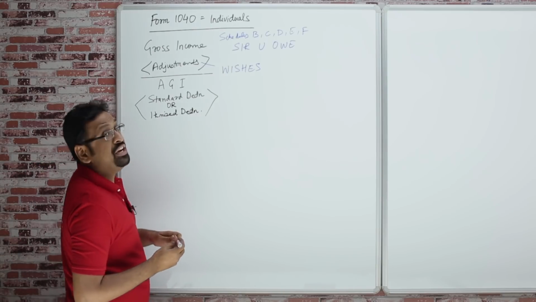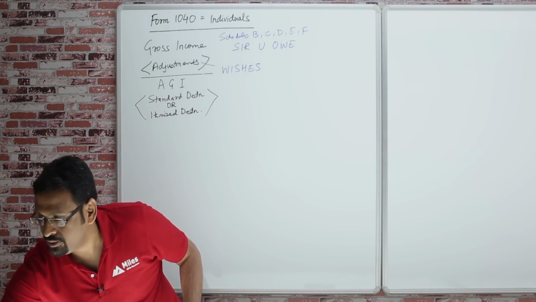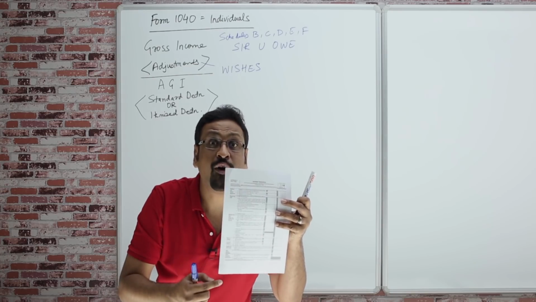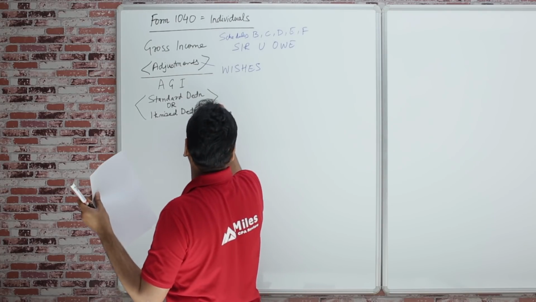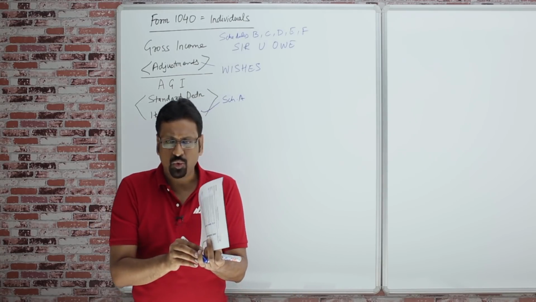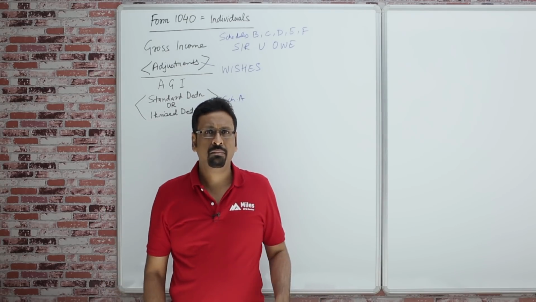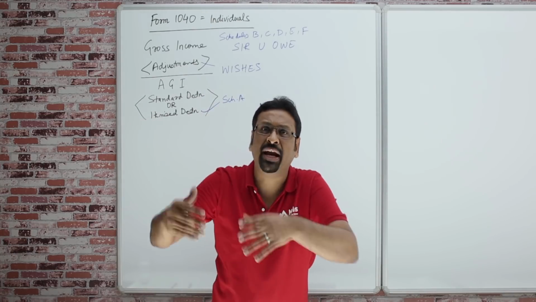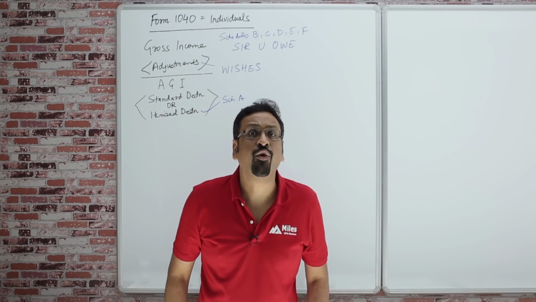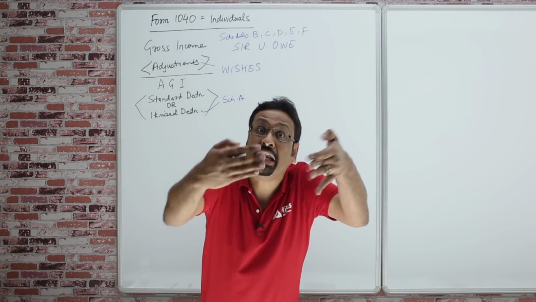For itemized deductions, individuals need to file a Schedule A. So this one's Schedule A, which is a list of items of deductions. On Schedule A, individuals are allowed deductions for medical and dental expenses they've paid. They are allowed deductions for taxes paid to state and local governments, and for interest paid on home mortgage loans or investment interest expense.